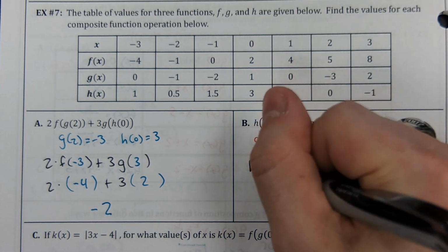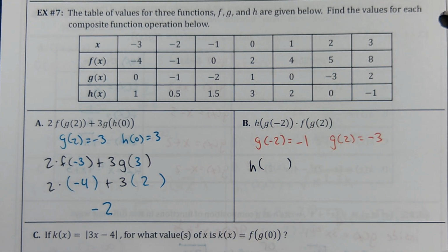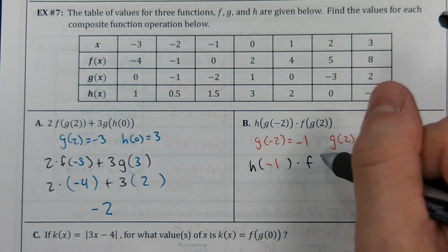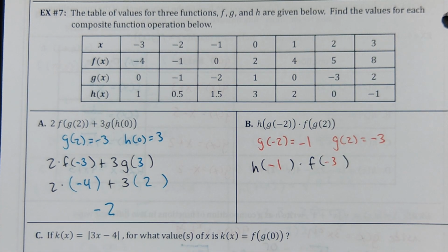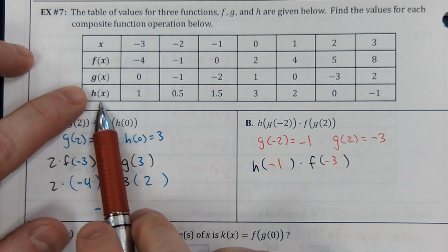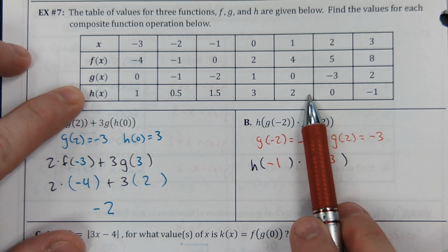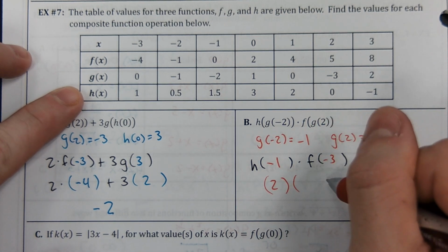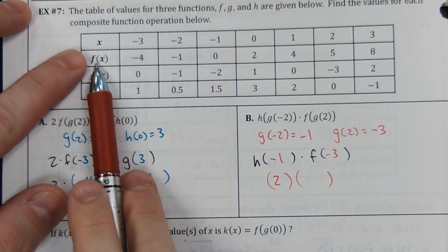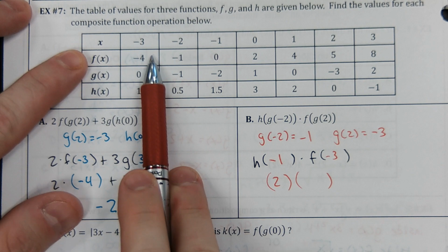So we have h of negative 1 times f of negative 3. Function h, x equals 1, 2. Function f, x equals negative 3, negative 4.